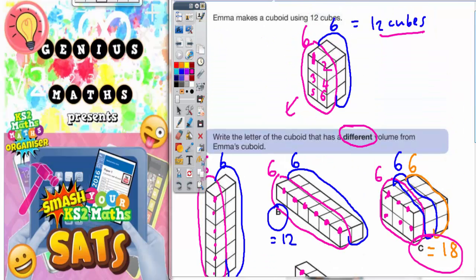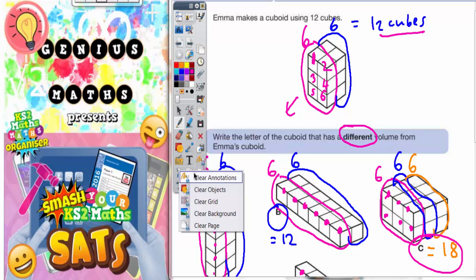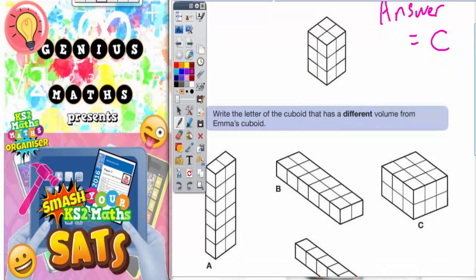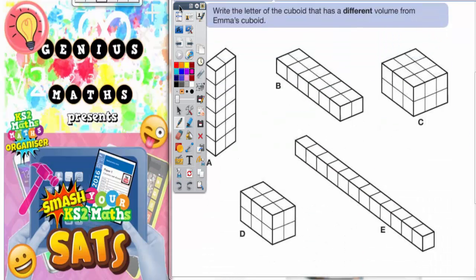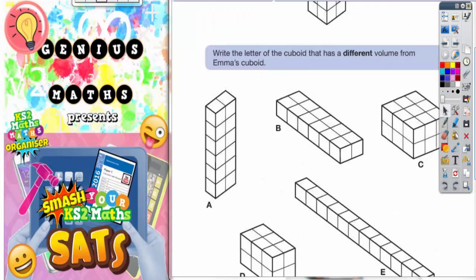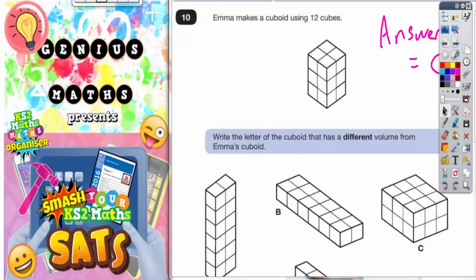Okay, now I did say we were going to do this two completely different ways. So we'll clear all that. We already know that the answer is C. So let's get to that a different way. Okay. Now you may have also learned a formula for the volume of a cuboid, and the volume of a cuboid is length times width times height.